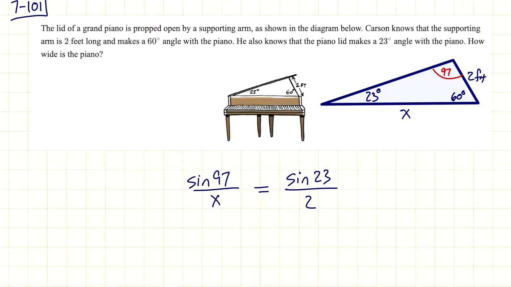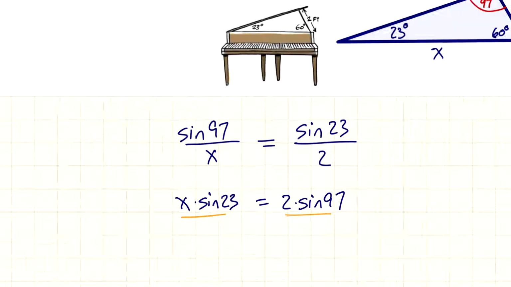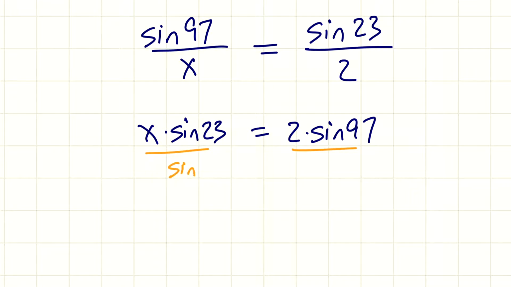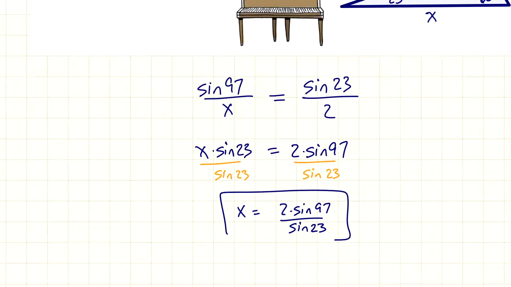Then x times sine of 23 equals 2 times sine of 97. Divide both sides by sine of 23, and x equals 2 times sine of 97 over sine of 23. That would be an exact answer.